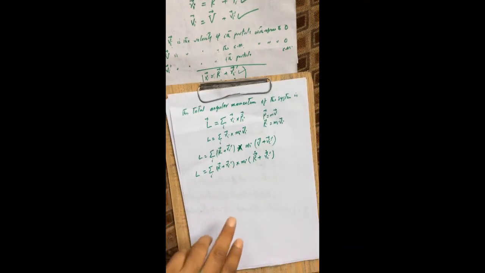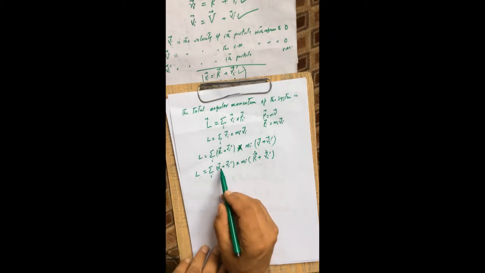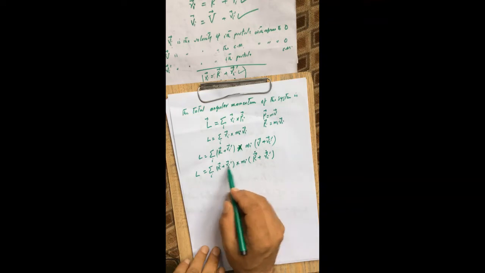Now I will apply this R cross product with this one, and then Ri prime cross product with this one separately.